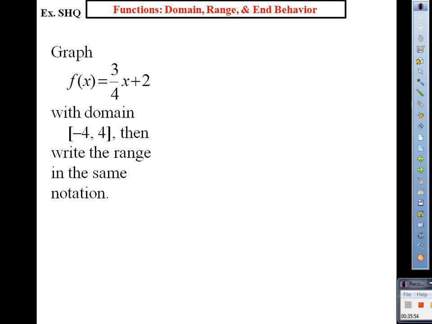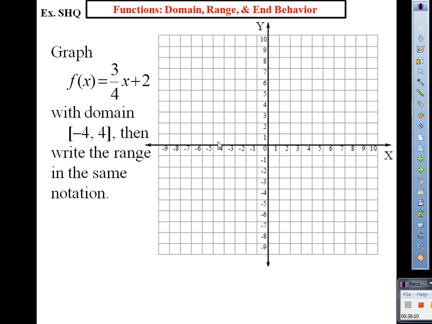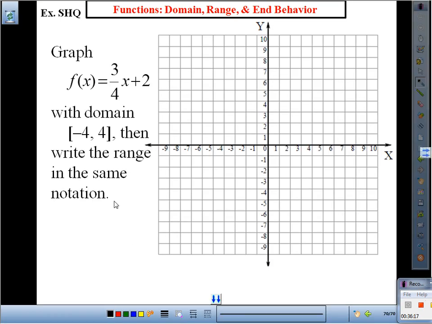Example: graph f of x equals 3/4 x plus 2 with a domain of -4 to 4. So, if they were asking us to graph this, check this out. Look up, please.